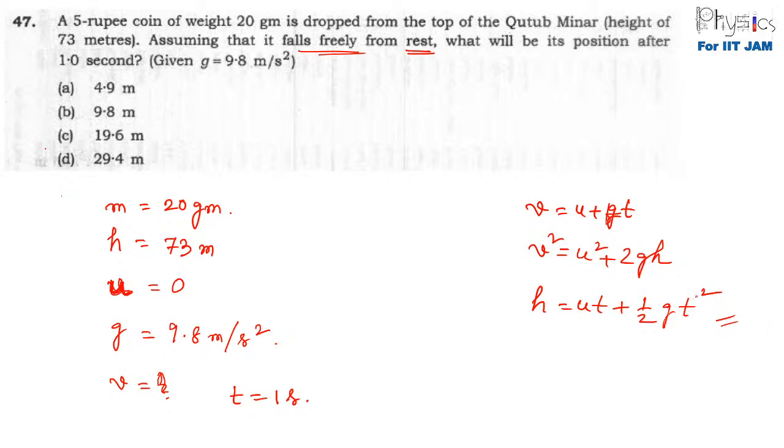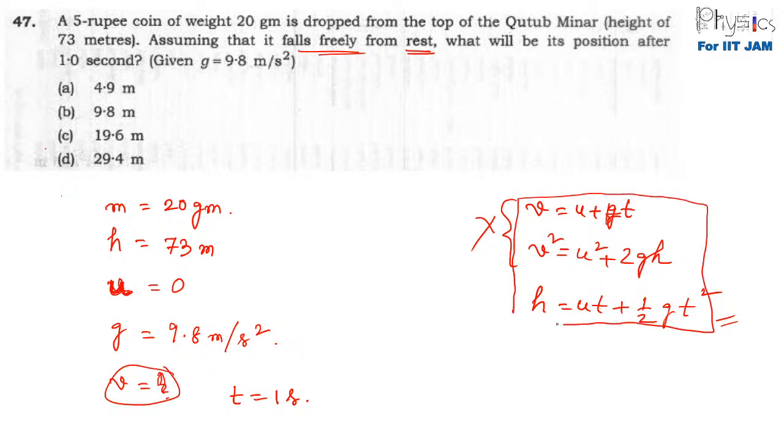So here we don't know the value of v. That means we cannot use these two. We simply cannot use these two. You have to remember these three formulae, okay?